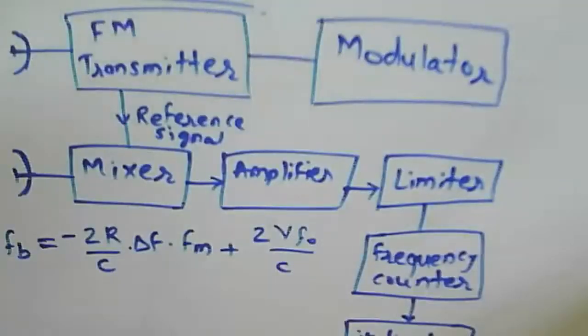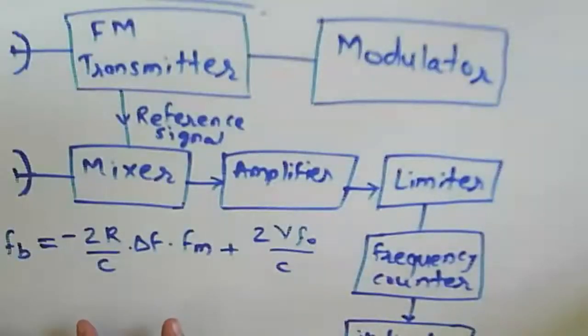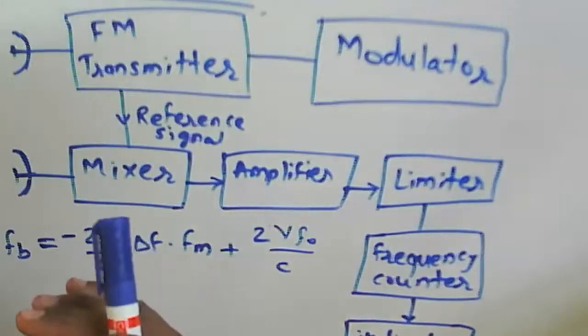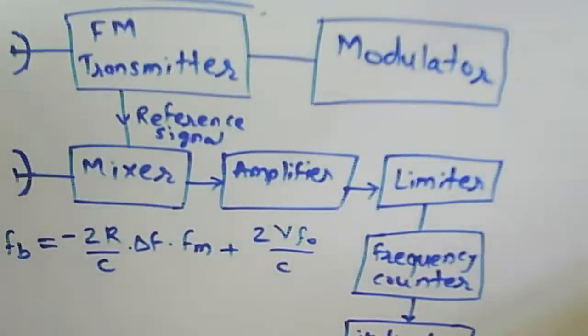That's why we can say that there is an alternate sweep of up and down. So the triangular waveform has a beat frequency for the upsweep and a downsweep, and that's why the velocity is again proportional to that particular beat frequency.